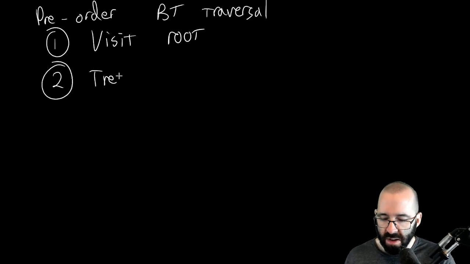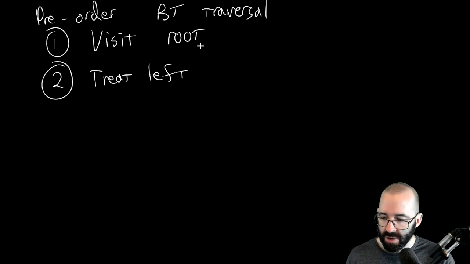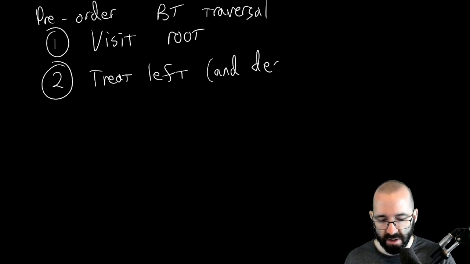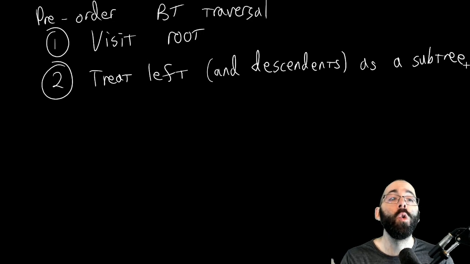And then we treat the left child, because again, for binary trees, every child is either a left child or a right child. Treat left child and its descendants, so everything under the left child, as a subtree. So we're going to treat the left child as its own tree.